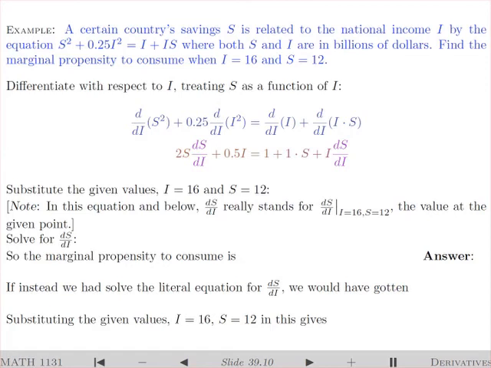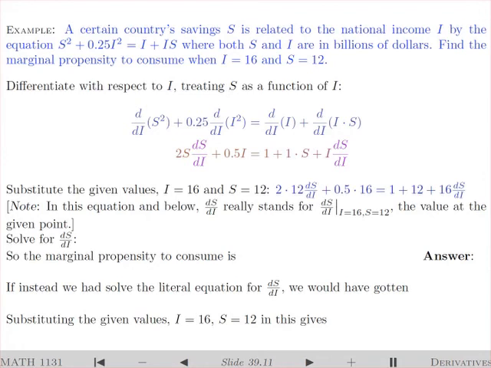Now I can solve this for ds over dI first and then substitute 16 for I and 12 for S. Or I can do the two things in reverse order. I can substitute 16 for I and 12 for S, and ds over dI is really the value of the derivative at that particular point.